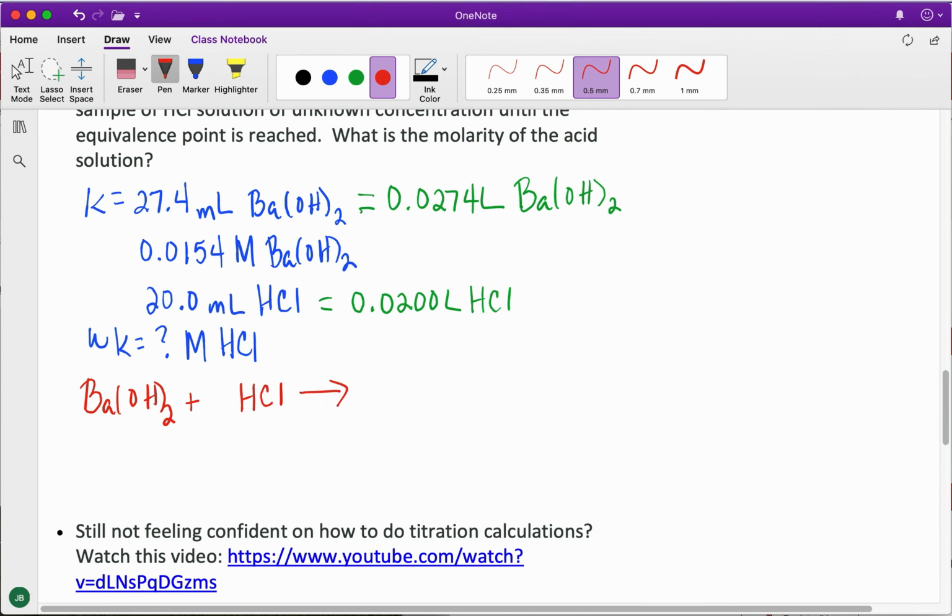Now, because we are dealing with a strong acid and a strong base, notice that I am only writing an arrow that shows the reaction going to completion. I'm not using an equilibrium arrow. And our products for this, so don't forget, barium will go with the chlorine, and the hydrogen will go with the hydroxide.